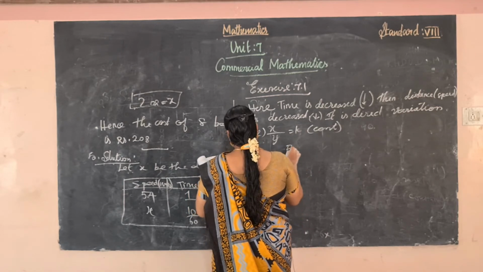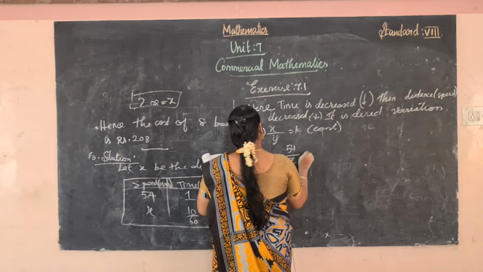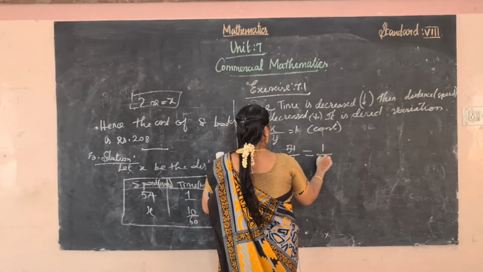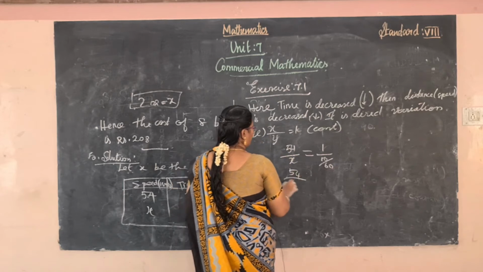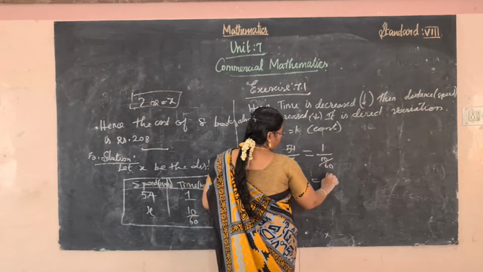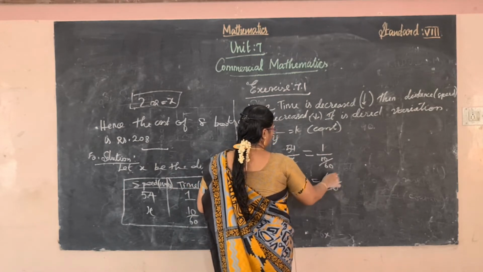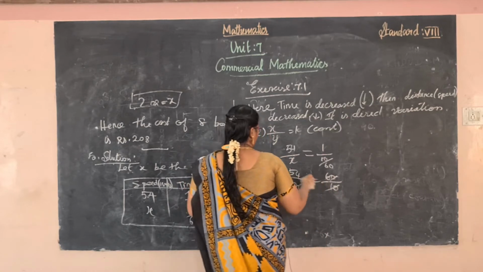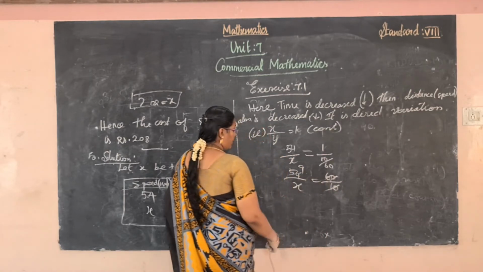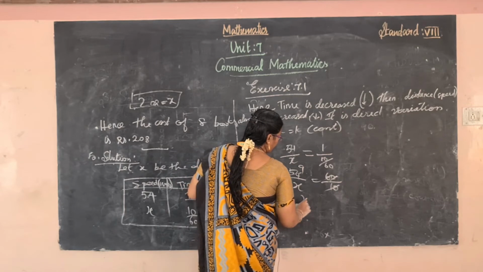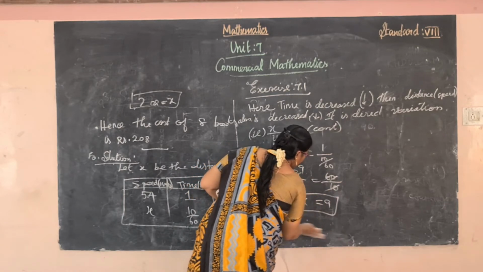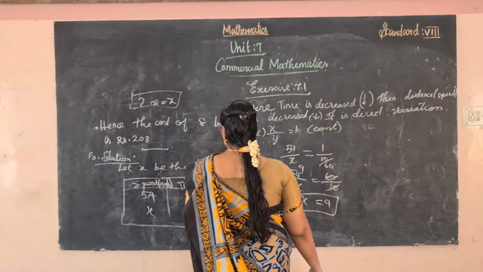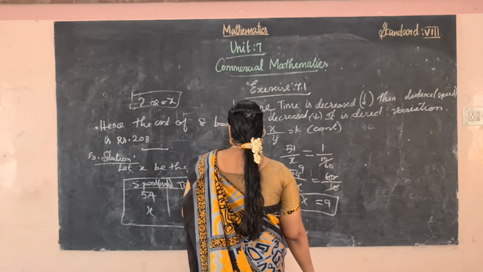So 54 by x equals 1 by 10 by 60. So 54 by x is equal to 60 by 10. And 6 nines are 54. So x is 9.